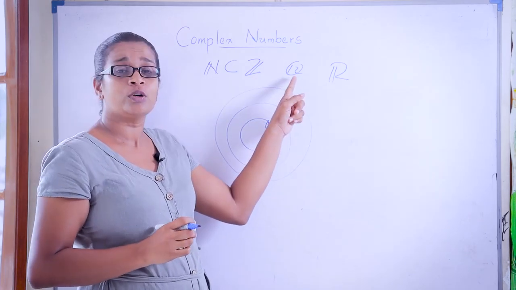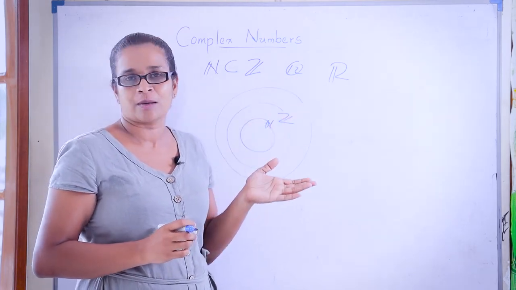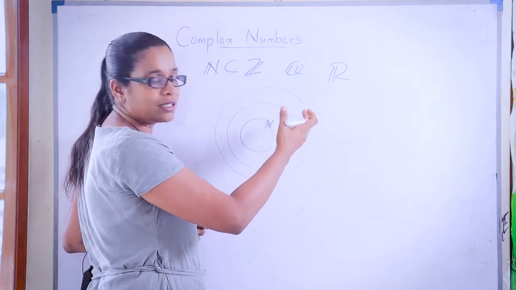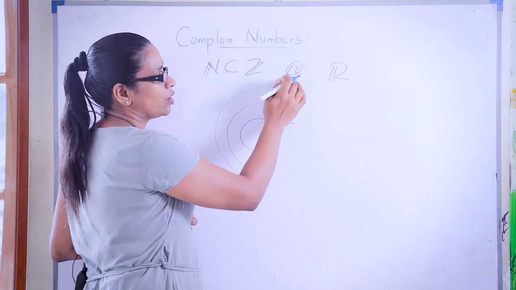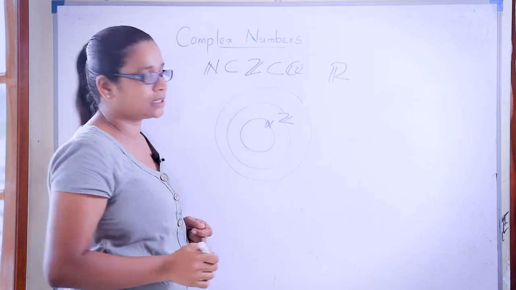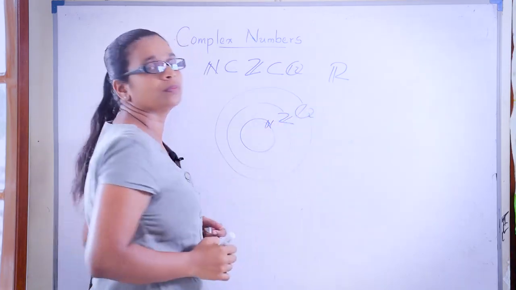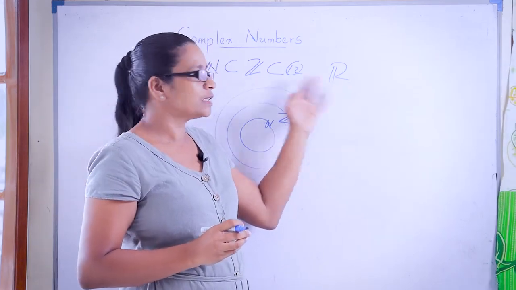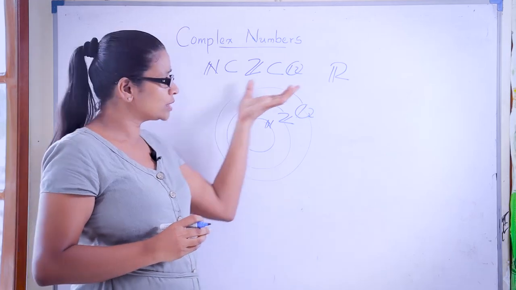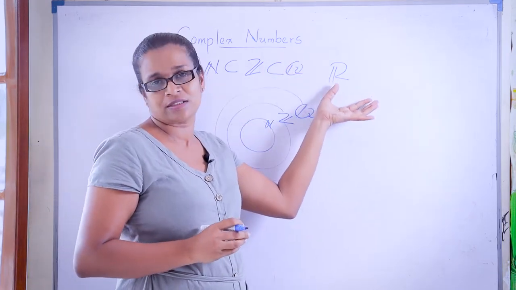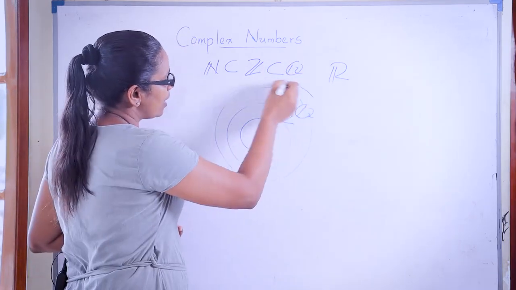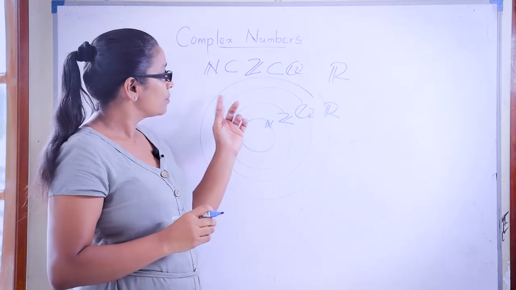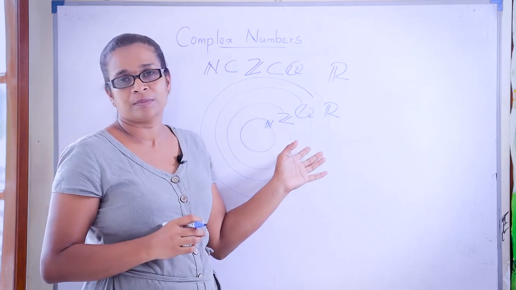And Q means the rational number system. Both the natural number system and the integer number system are subsets of this rational number system. So this is Q. And the real number system. Real numbers mean all those kinds of numbers included in this real number system. So the real number system is a set which is bigger than all these number systems.